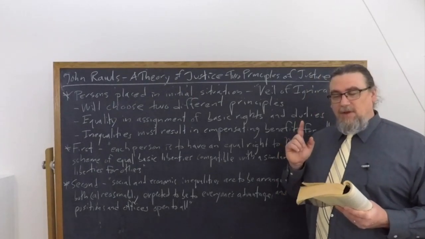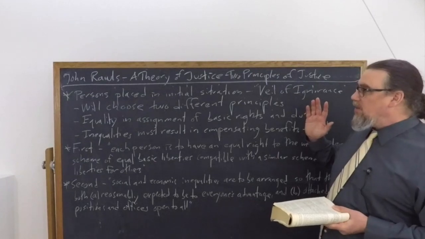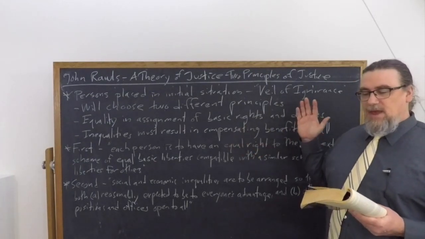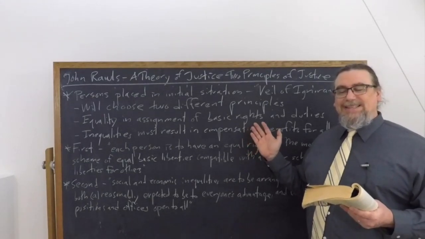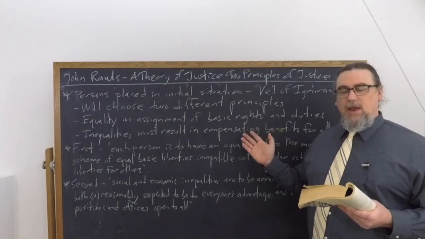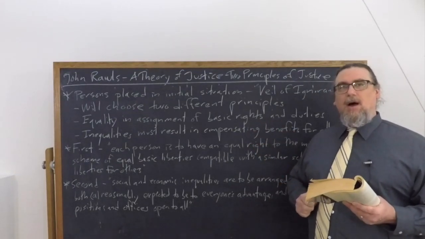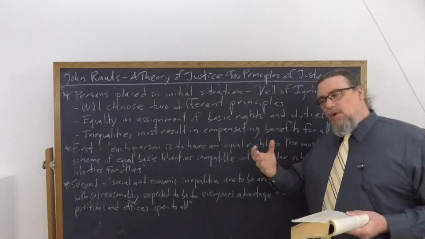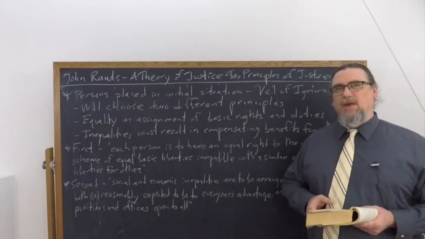So he says, here's the way we can state these two principles. The first, he says, each person is to have an equal right to the most extensive scheme of equal basic liberties compatible with a similar scheme of liberties for others. So that requires a little bit of unpacking, but it's a fairly succinct formulation.